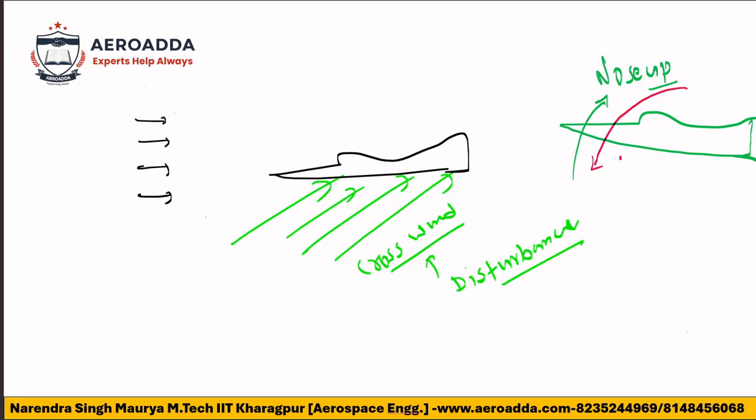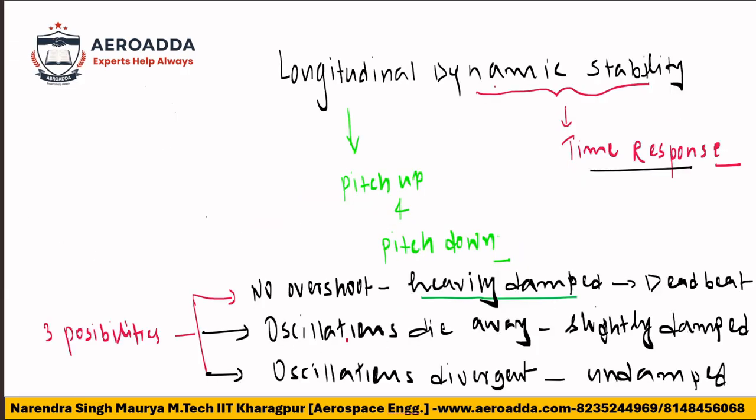That is called a highly damped oscillation. This is one, highly damped oscillation. Second, here I'll show the diagram also. Oscillation dies away. Whatever it will oscillate, that time response will be there, because we are talking about dynamic stability. So in the time response with respect to time, the oscillation will die away. Oscillation will die away means the amplitude will be decreasing, and in a finite period of time the amplitude becomes zero.